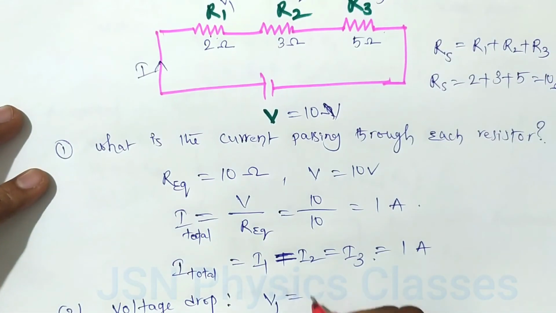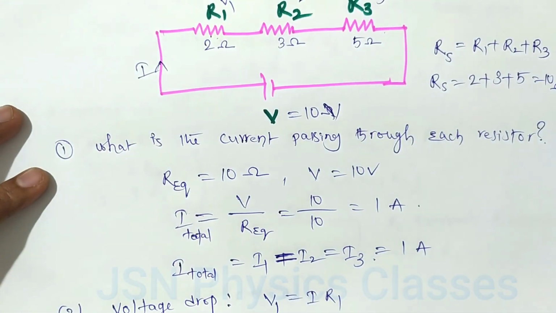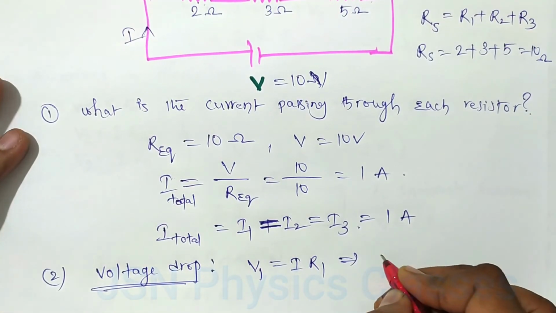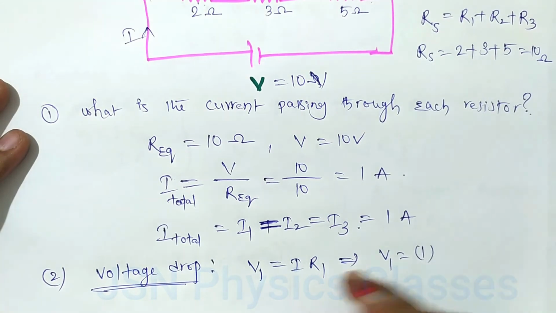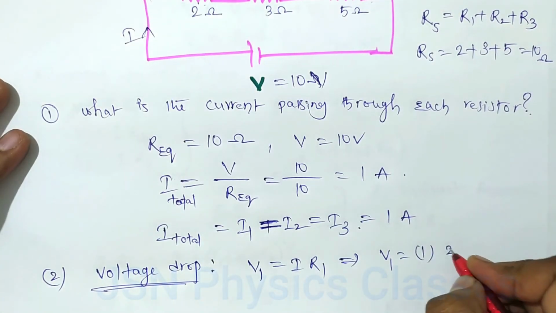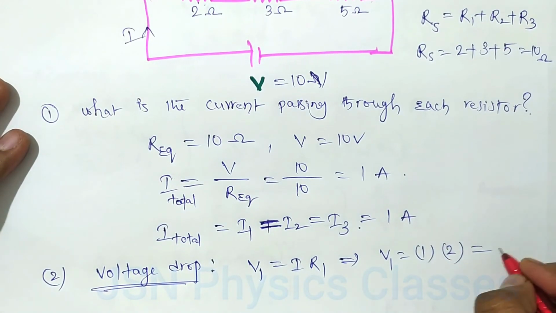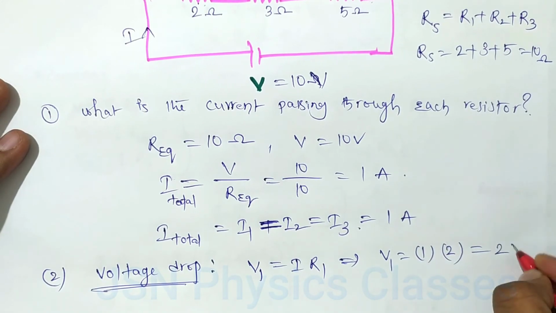So V1 is equal to I into R1. I is 1 here and R1 is 2. So 2 ones are 2 volts.